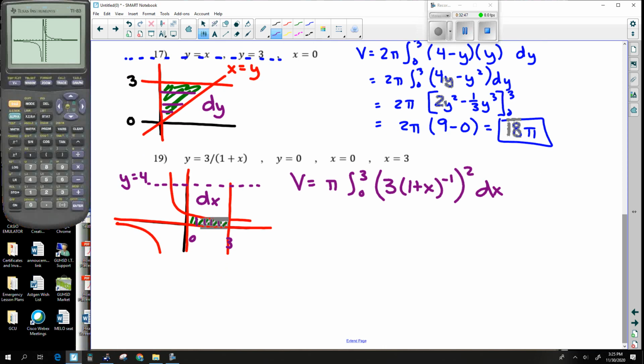Okay. So what's going to happen is this is going to turn into a 9, and I'm going to factor it out right here. So this is going to be 9 pi, 0 to 3, of 1 plus x to the -2 dx.